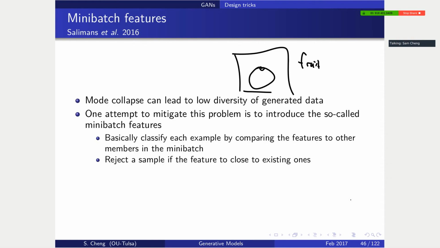One way to mitigate this problem and avoid mode collapse, a very simple idea, would be that whenever you generate a sample, you check the distance in the feature space of your generated sample from the already existing samples. If it's pretty close to the existing samples, you just discard the currently generated sample and regenerate it again.